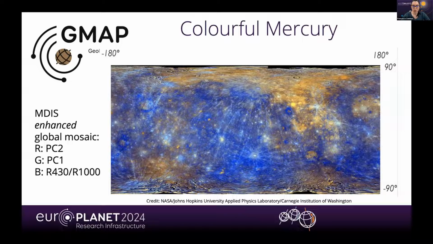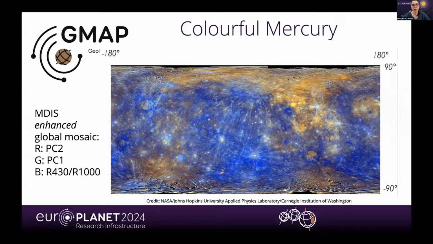You can also see very dark blue regions, and these are the low reflectance material of Mercury. Then you also can see other very small areas with orange color, and these are the faculae, which are associated with pyroclastic deposits.